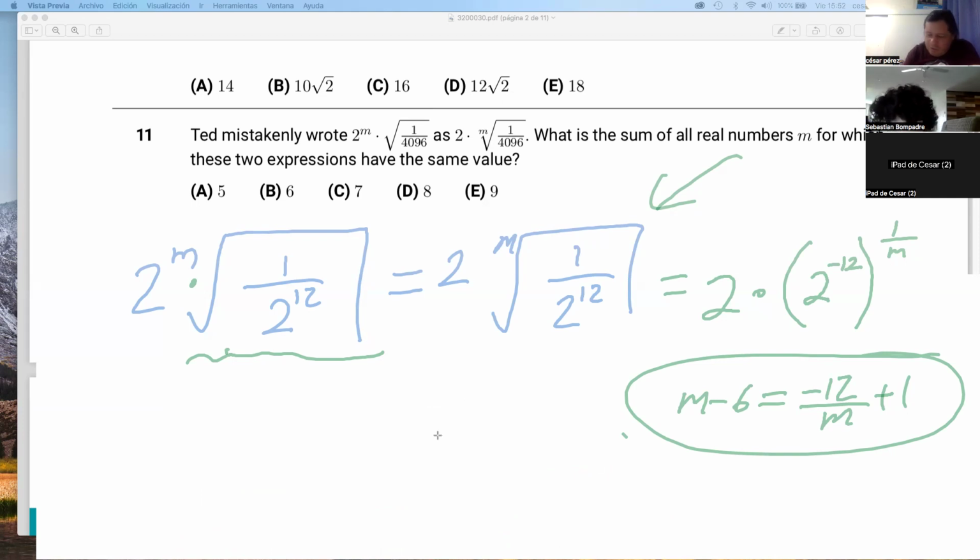We're going to work with this: m minus 6 equals minus 12. You can tell me.